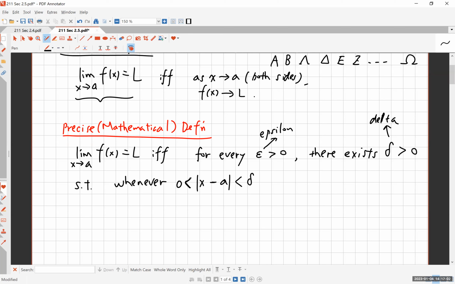Now this part is only to say that x cannot ever be equal to a. You know, that's what we mean by that, as before. Whenever this is true, the distance between f of x and L can be controlled to be less than epsilon. Okay, it sounds all strange, right?